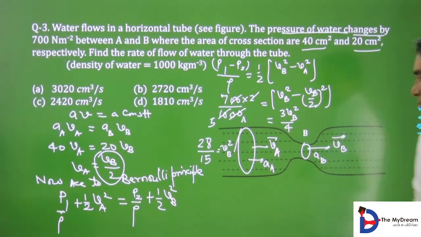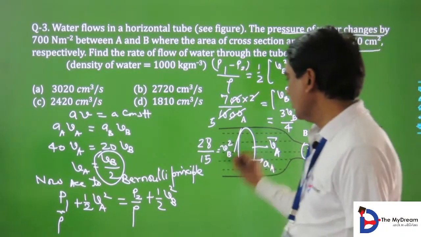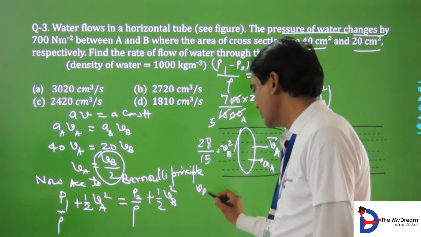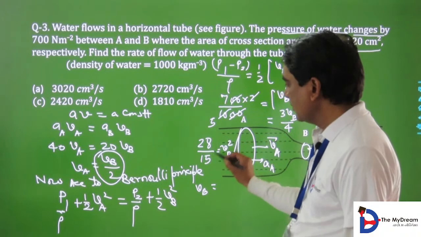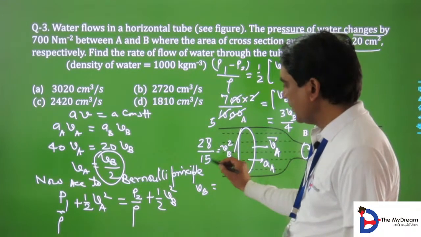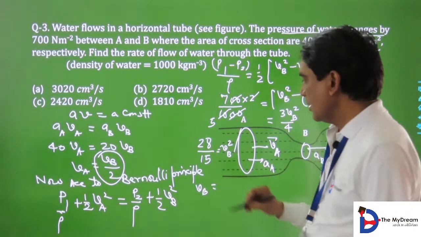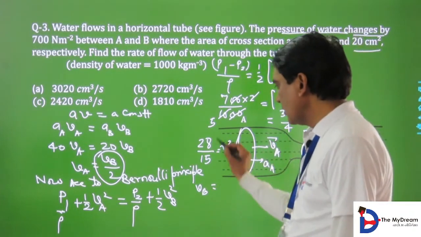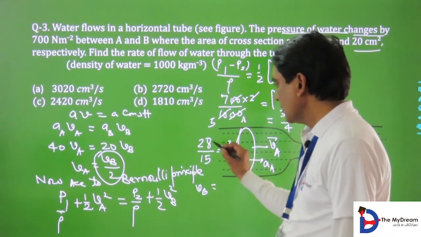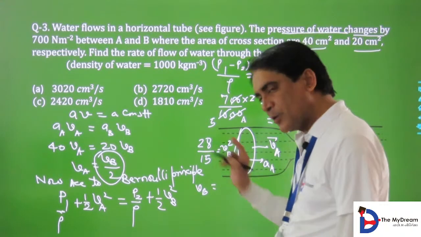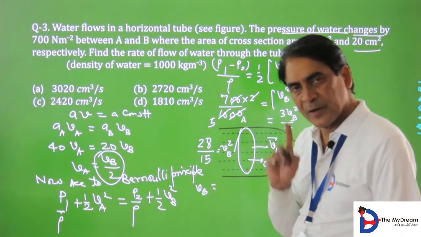Now you want to know the VB. If it is 30, then you will see 15 2s are 30, and the square root of 2, 30 divided by 15, then you will get 2 and square root of 2 is 1.414.